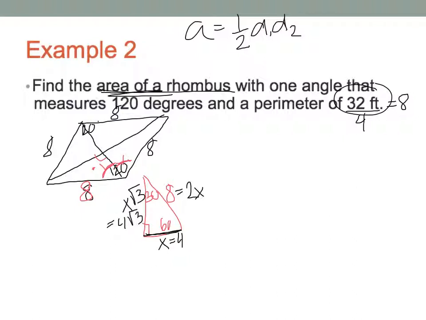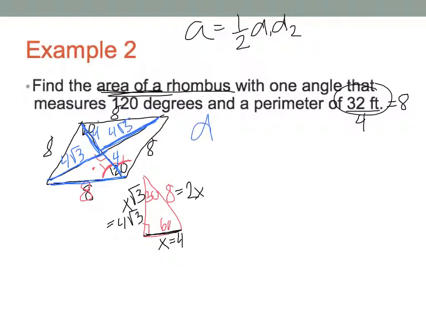In other words, this is my 8, my hypotenuse. This here is my 4, and this side here is my 4 root 3. Now I'm going to put 4 over here, the other side of my diagonal, and 4 root 3 over here, the other part of my diagonal.